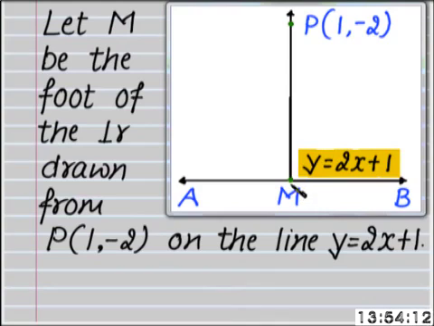Then M is the point of intersection of the line with equation y equal to 2x plus 1 and a line passing through the point P with coordinates 1 and minus 2, and that is perpendicular to the line y equal to 2x plus 1.